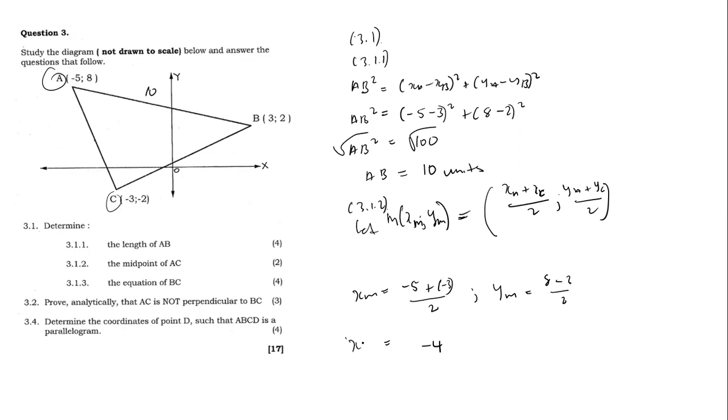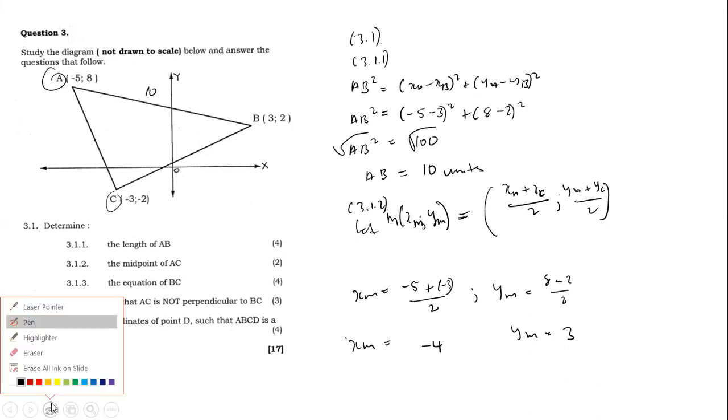This will be x of our midpoint. And then y of our midpoint in this case is going to be 8 subtract 2, which is going to be 6, and then 6 divided by 2 is going to be 3. So that means here we're going to have +3. Let me check this.